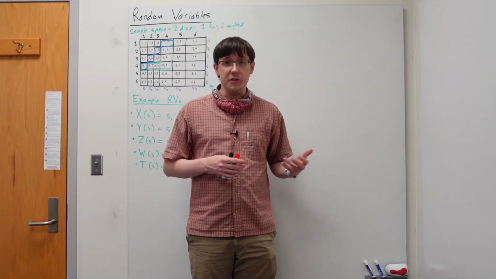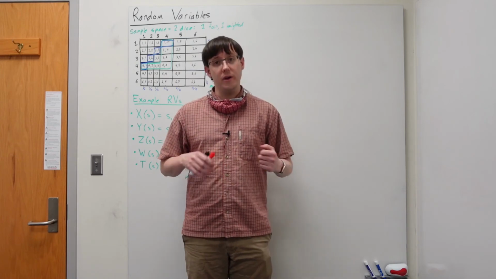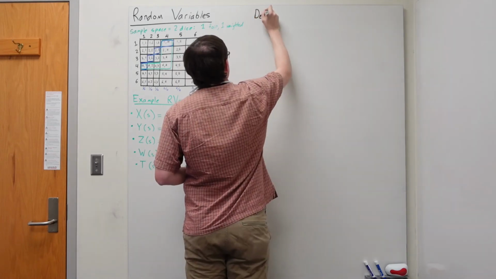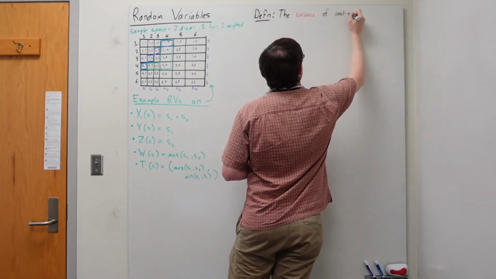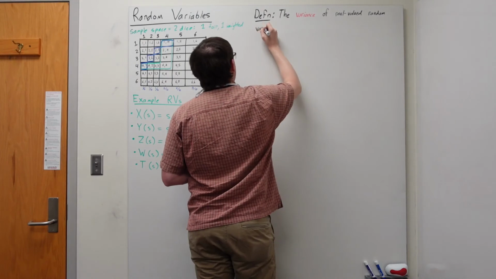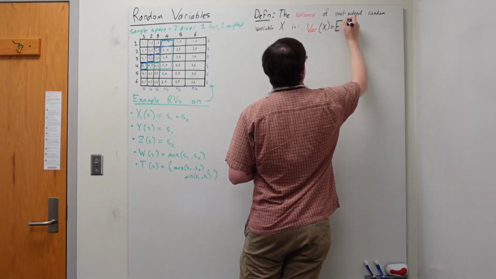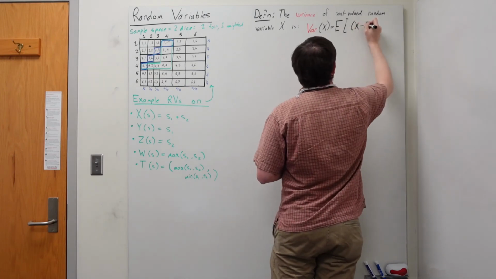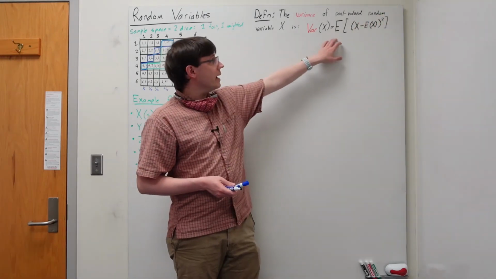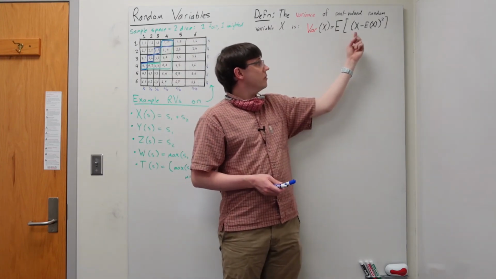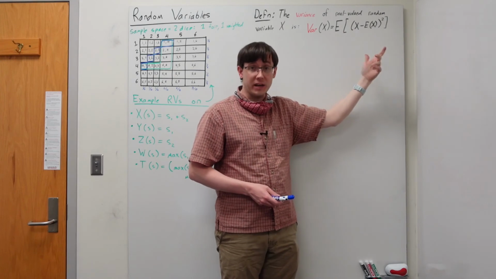Apart from averages, probably the most commonly computed statistic is variance. Variance is defined as the expectation of the squared difference between a variable and its expectation.